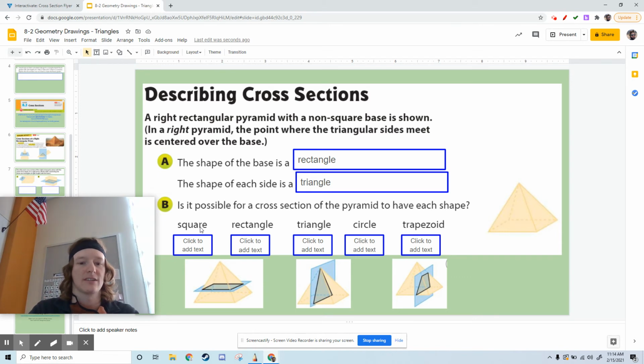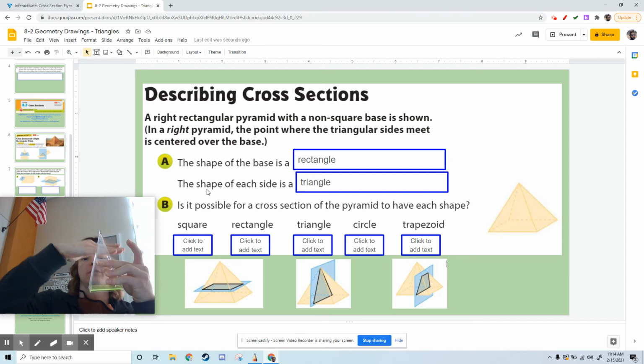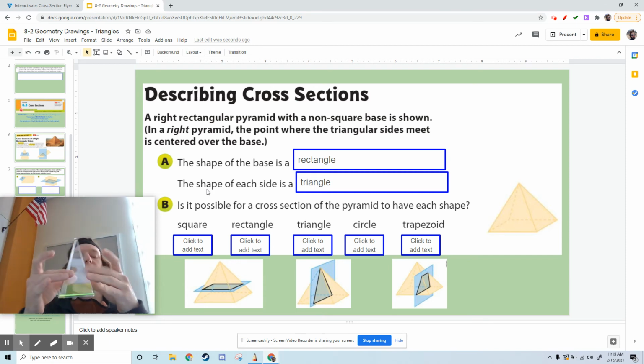Is it possible for it to have a square? Well, let's think about it. If this was a perfect square pyramid, a horizontal cross section would be a perfect square. However, if we've got a rectangle base, this is kind of hard to visualize.